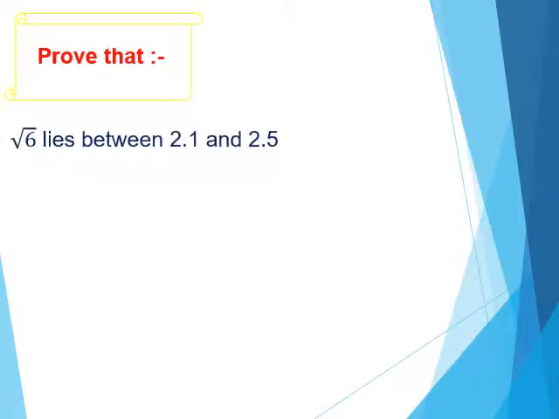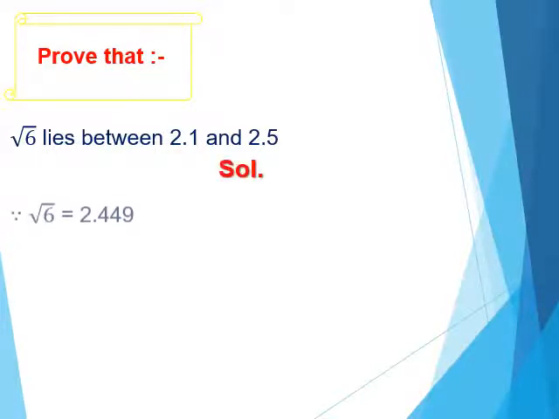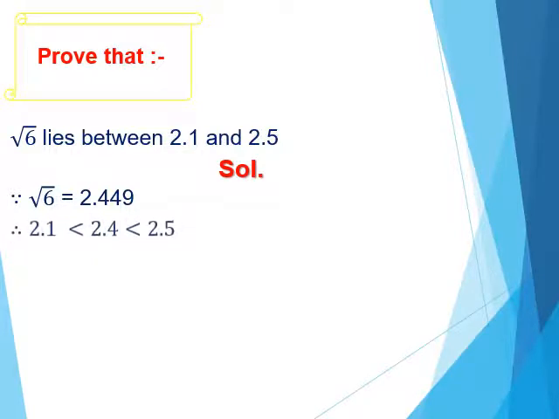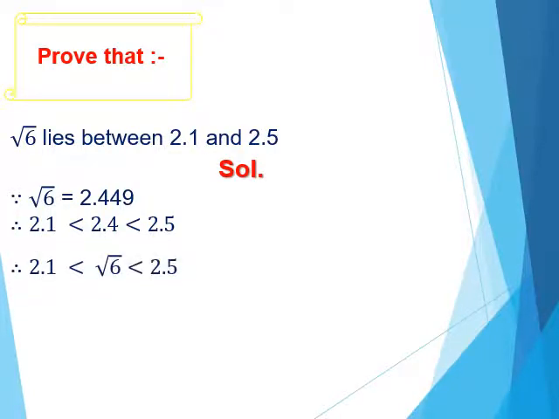Prove that root 6 lies between 2.1 and 2.5. Solution. Since root 6 equals 2.449 and so on, and 2.1 is smaller than 2.4, which is smaller than 2.5, therefore 2.1 is smaller than root 6, which is smaller than 2.5.